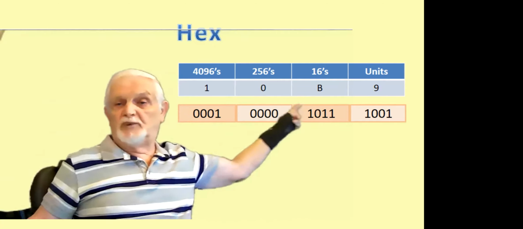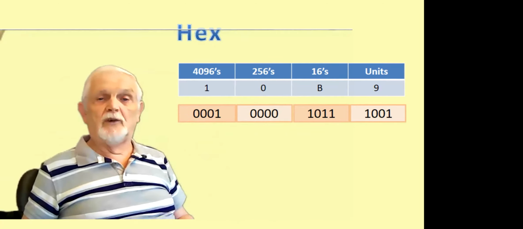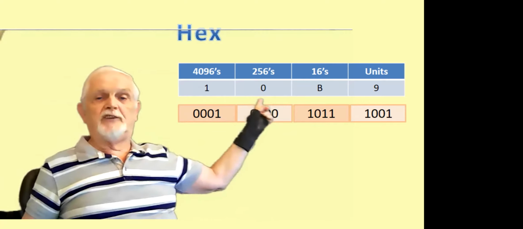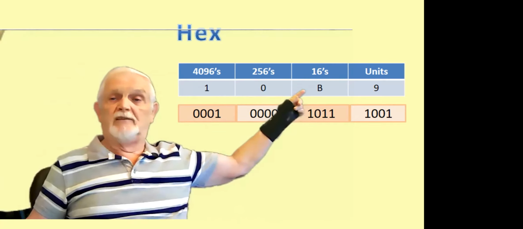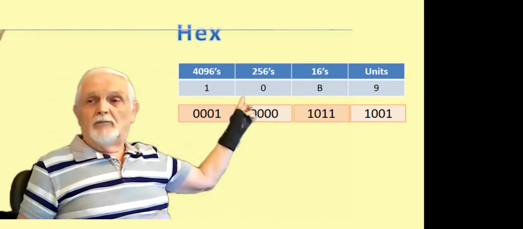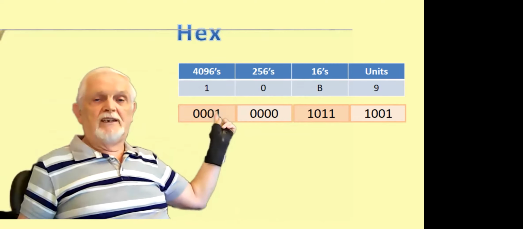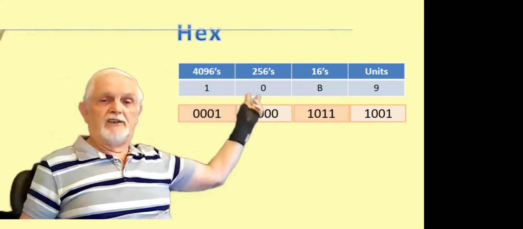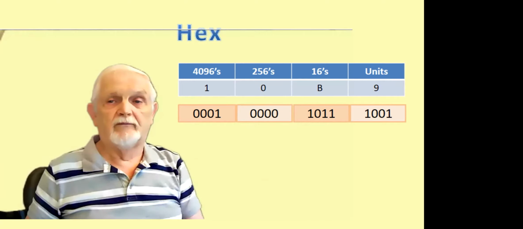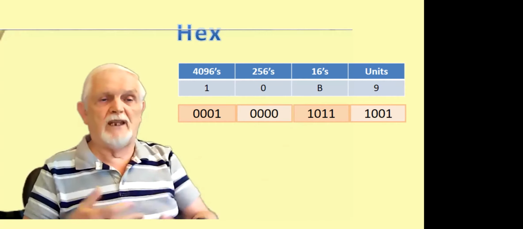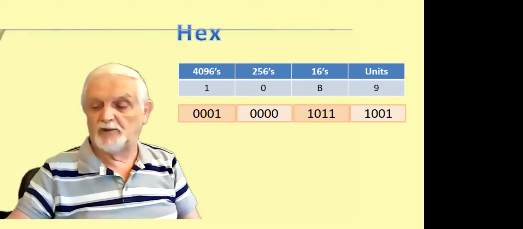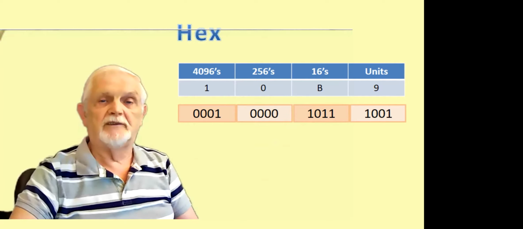And there's 9 units, which is 1001. So we very quickly can reconstitute that if you wanted to know what it was in binary, simply by taking each number on its own and converting it into its own column. So we can jump readily between hex and binary and decimal to suit our own purposes.